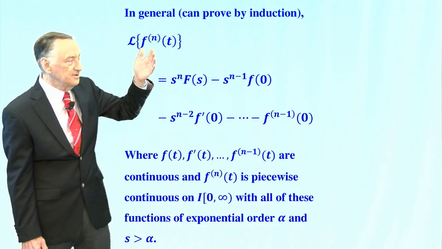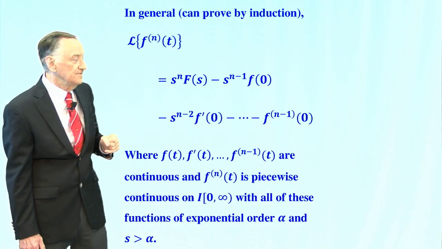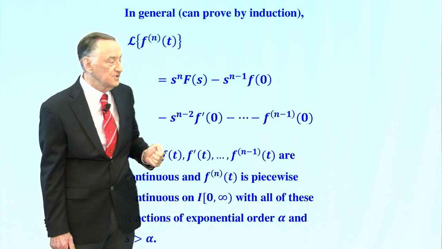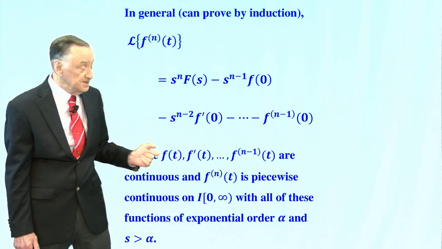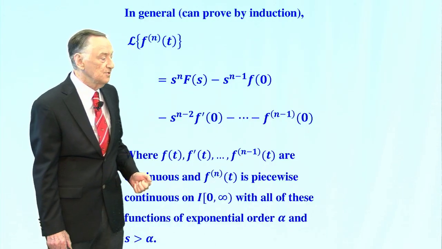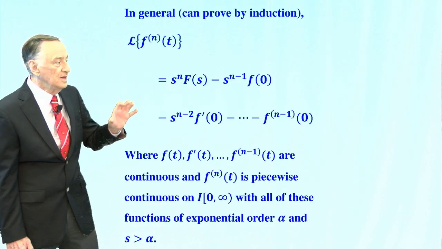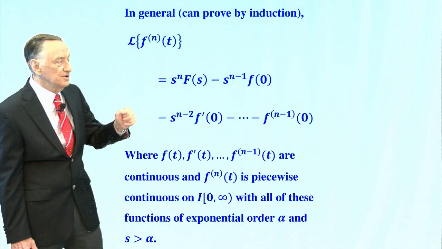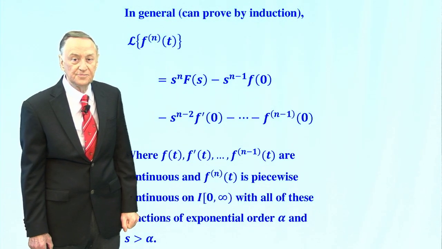And we can keep going higher and higher here and find the Laplace of the nth derivative of t, as long as the function and all the way up to the n minus first derivative, all those are piecewise continuous, and all those are continuous, and the nth derivative is piecewise continuous on the interval from 0 to infinity, and every one of those functions is of exponential order, then we have what we can prove by induction, this formula right here for the Laplace of the nth derivative of f with respect to t.